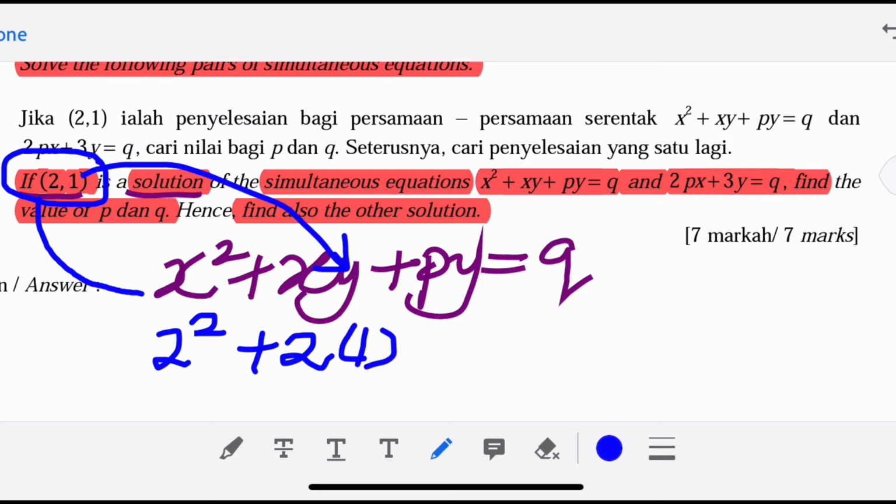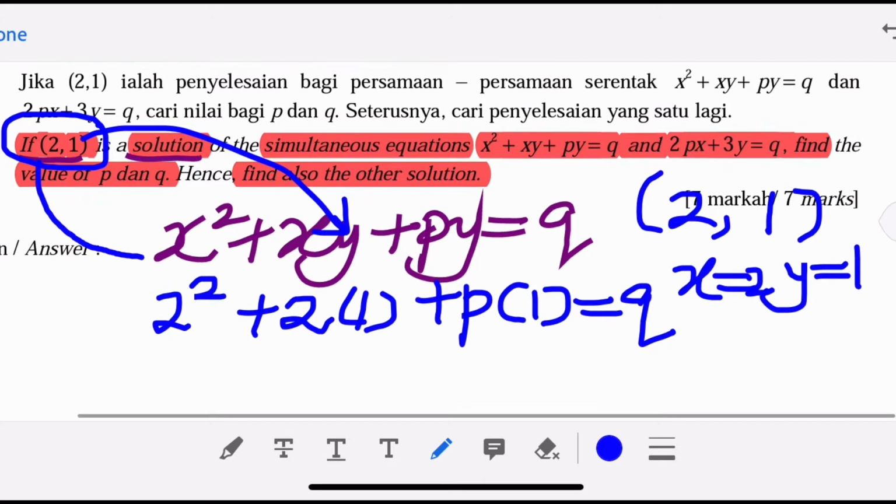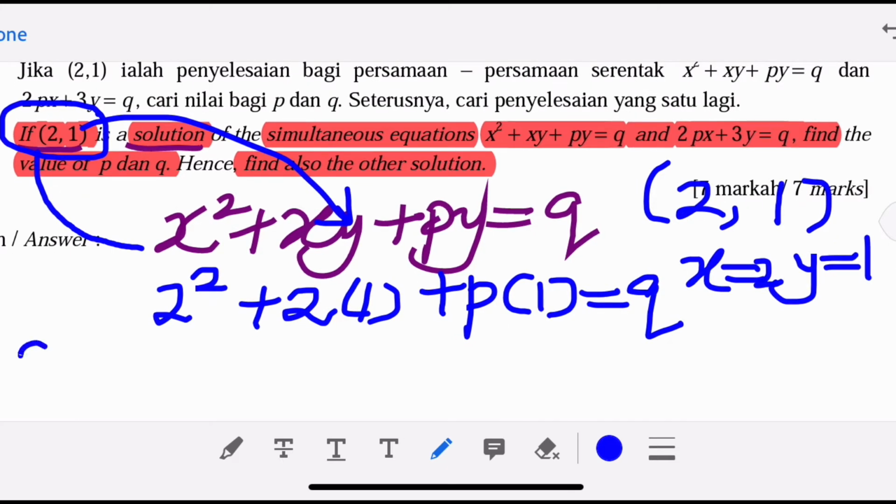P is unknown. When we see y, we will substitute 1, because (2, 1) means x is 2, y is 1. Satisfy the equation means that you can substitute into the equation and it will be equal left and right. So when you see solution, you can substitute. Solution means substitute, remember that.